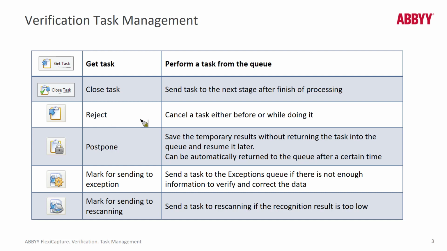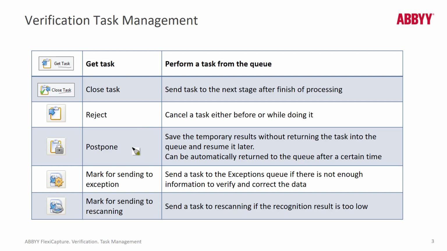And he said, well, I hovered over that and learned what it was, but I didn't understand what that meant. So when you reject a task, you're going to keep it in place. So you've got an option, if you'd done some verification, whether or not to save what you'd done so far, or if you wanted to delete any verification changes that you'd made. But essentially, rejecting a task keeps it in place in the original queue.